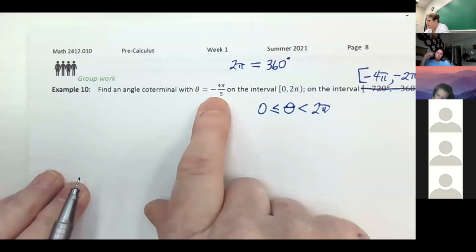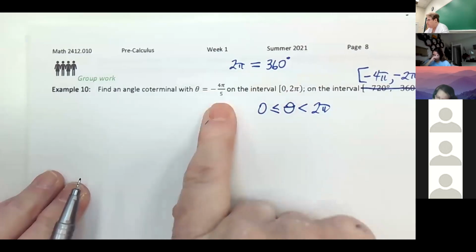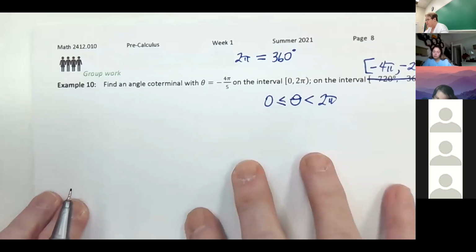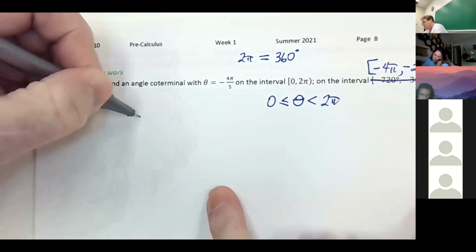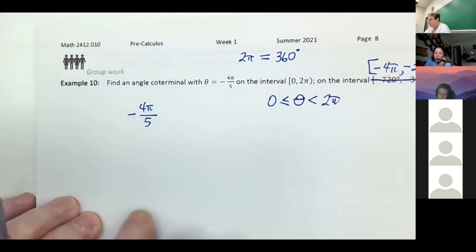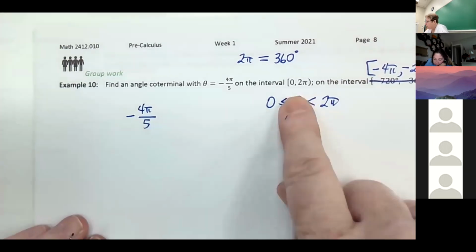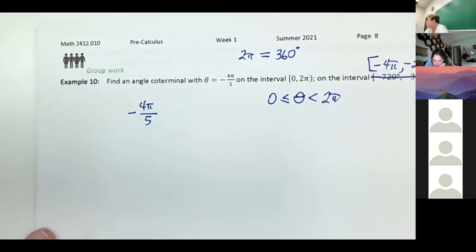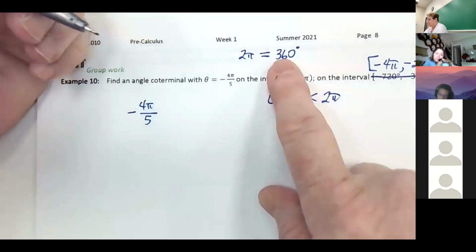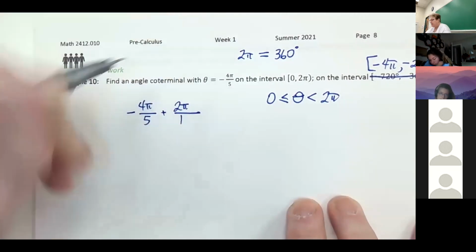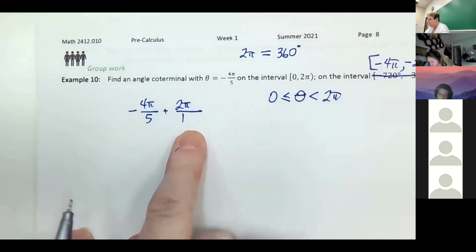So let's start with an angle in radian measure and find some coterminal angles. So we've got negative 4 pi over 5. How do we make it positive? It's starting negative. Yes, we're going to add 2 pi. And I had to have a common denominator.